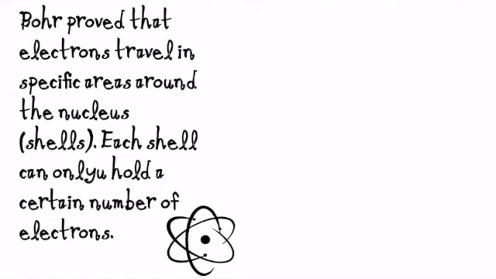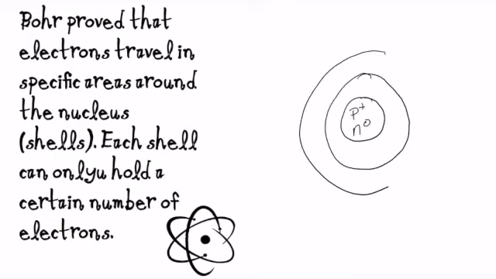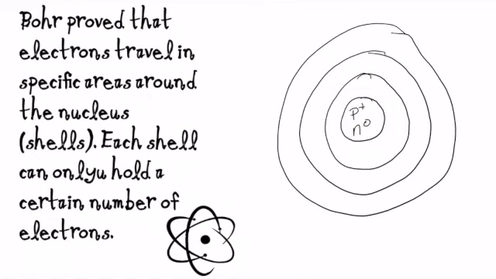Bohr proved that electrons travel in specific areas around the nucleus, called shells. Each shell can only hold a certain number of electrons. He also created the Bohr model. Inside of the nucleus are protons and neutrons, and each of the shells that are around them hold certain numbers of electrons.